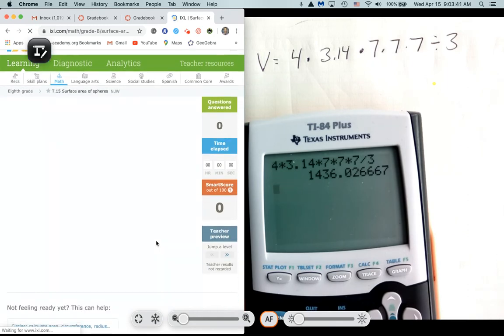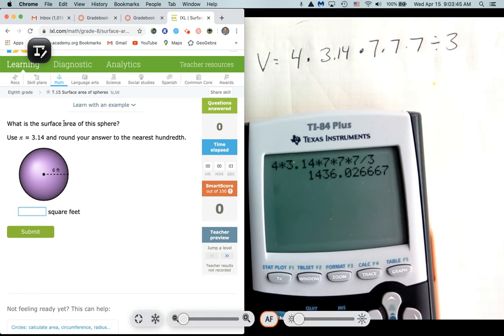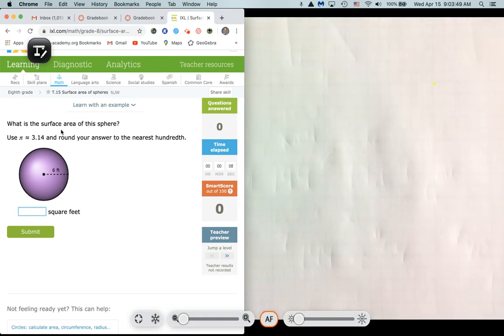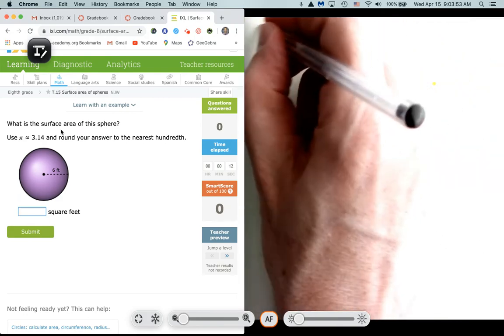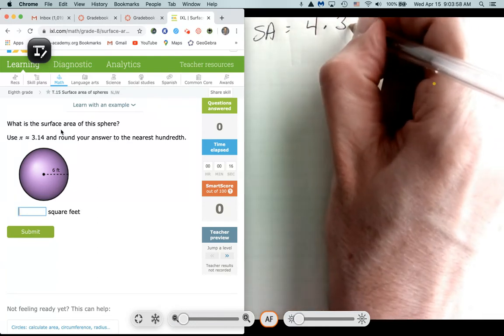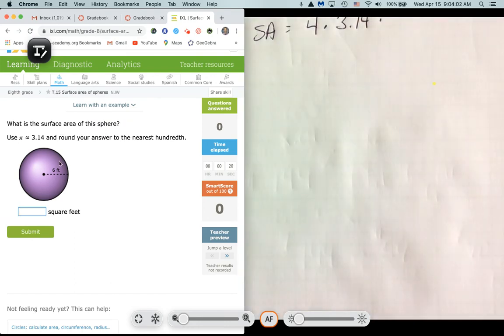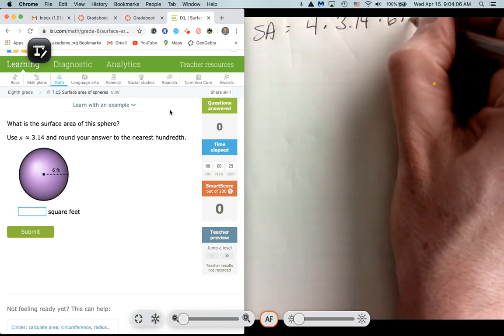Surface area of spheres is no more difficult. So for instance, if this will load, here we go. Now it's asking for surface area. So now surface area, remember, is a little different. If you need to look at your formulas or your notes, surface area is just going to be 4 times 3.14 times the radius twice. So here it says the radius is 6, so I'm going to times by 6 2 times.